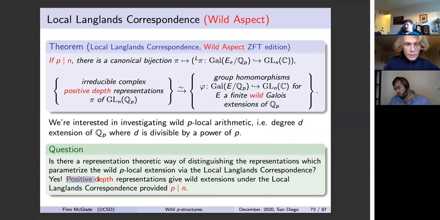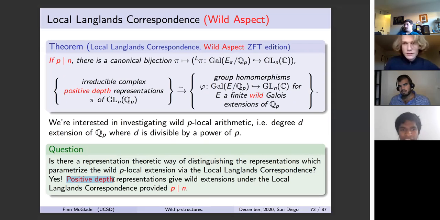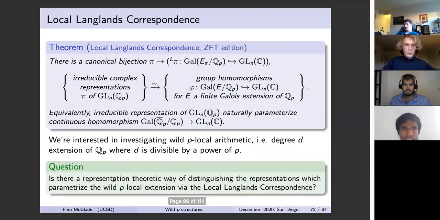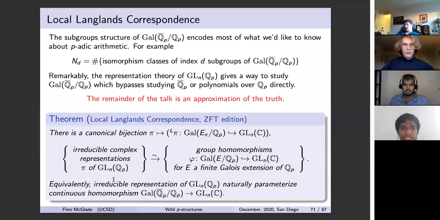So I have a quick question on the last slide. Yep, go for it. Will you go back a slide for me? You have the complex numbers in both sets. If you switch that out for a different field, would this bijection still hold, or is this something about the complex numbers? No, it definitely would not.